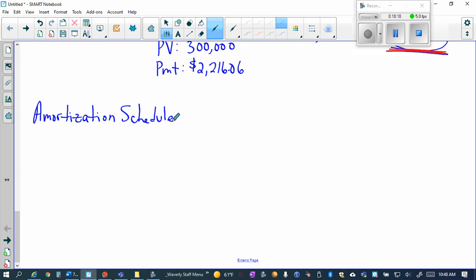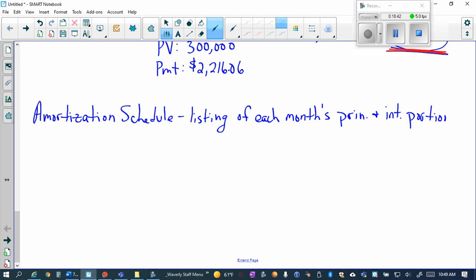It's a listing of each month's principal and interest portions and a running loan balance.